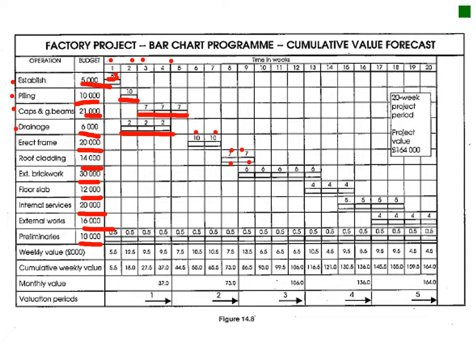You will have more resources allocated within the first week than in the second week. Okay, fairly straightforward. And then once you've done that bar chart or histogram, you can simply just add all your costs. So in this instance, you've got your preliminaries, which is divided over the 20-week period. So you've got your 5,000 plus your 0.5 to get a 5.5, and your cumulative value just underneath that.